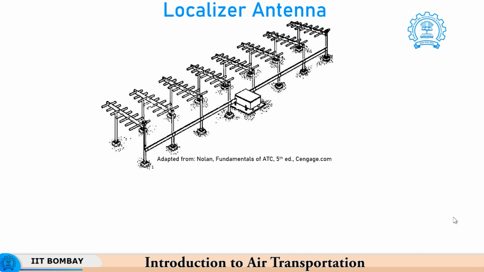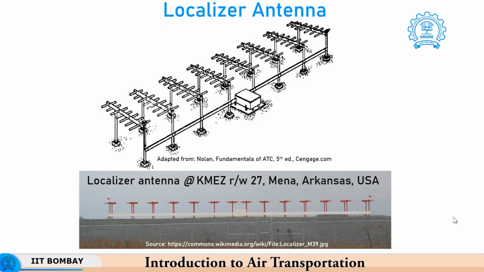As you can see, these are series of antennae which are mounted parallel to each other, and here is a photograph of one such localizer antenna array mounted at KMEZ airport, runway 27 at a place called Mena in Arkansas, USA. So, you will notice that each end of the runway will require these series of localizer antennae if you want to have ILS along that path.